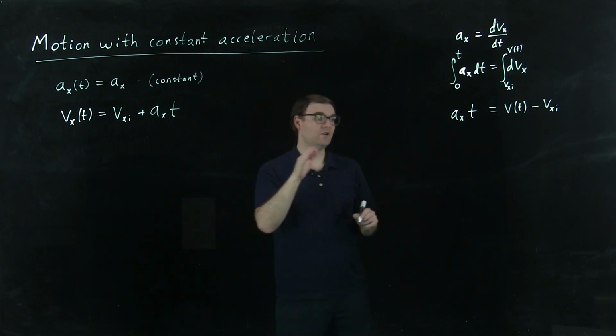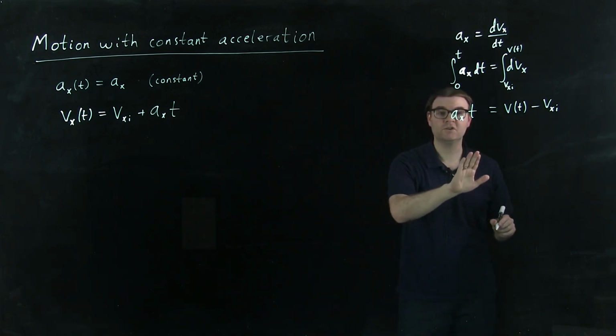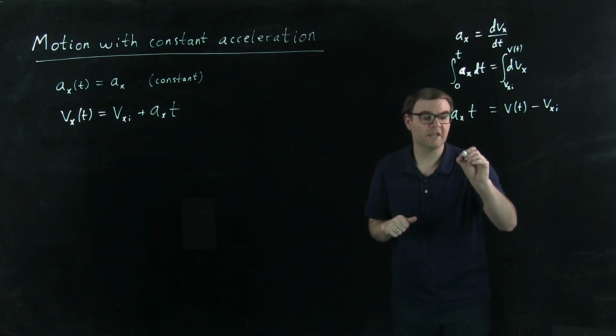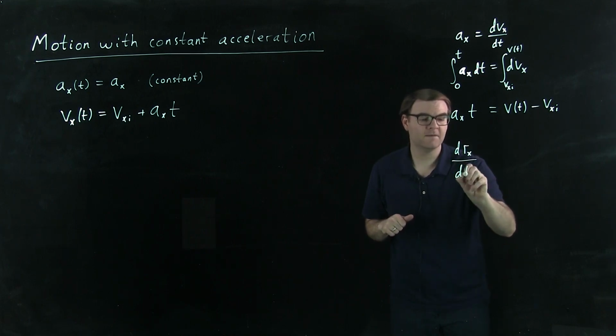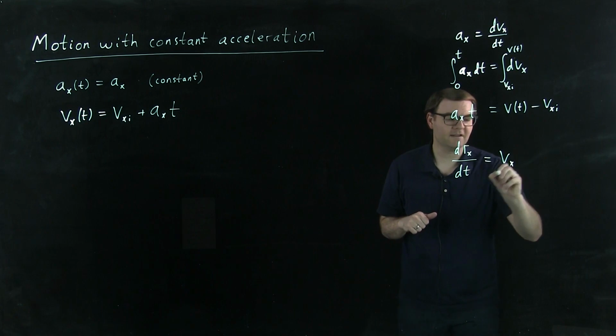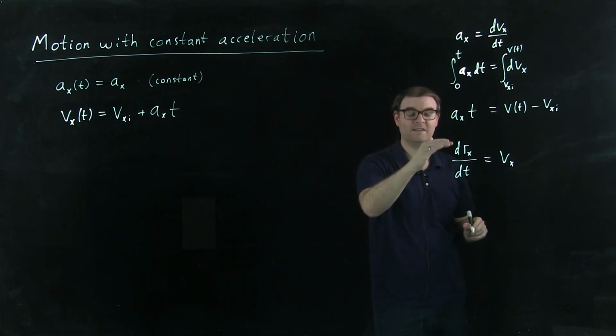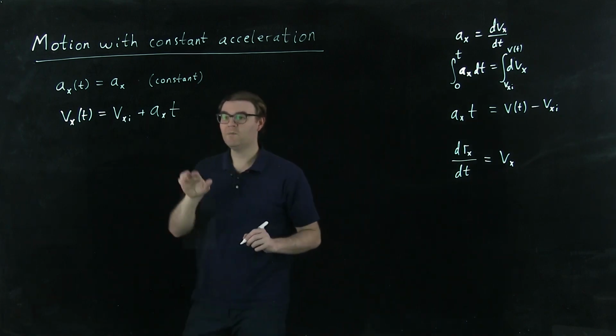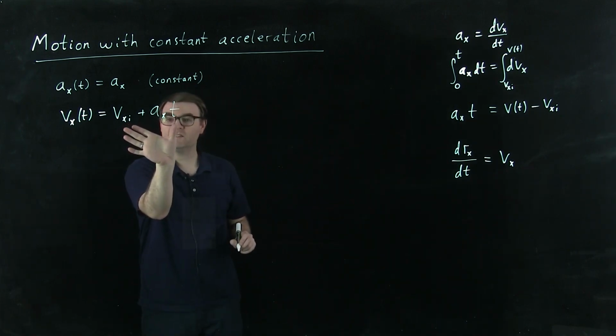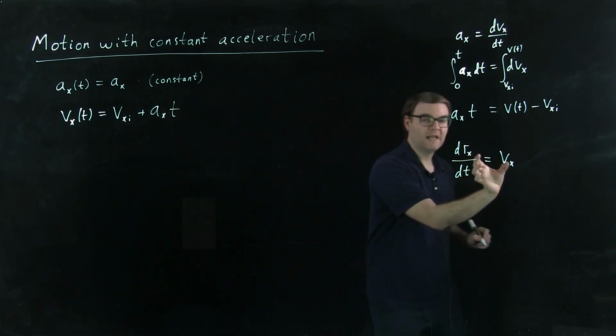The next thing that I can do is go through this same procedure for position using an equation like drx/dt is equal to vx. I'm not going to show all the details of the integration because they're exactly the same as I have here, except that I'm going to plug this expression in for the velocity.